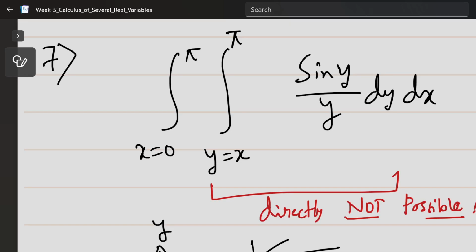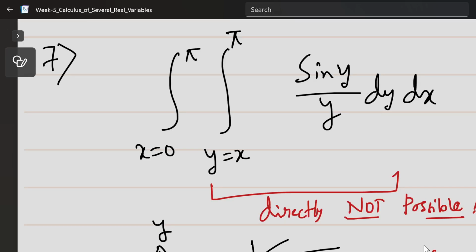So for a fixed y, x varies from where to where? For fixed y, x varies from point A to point B, right? So what is A point? A point is x equal to 0, that means y axis. And what is B point? B point is the line y equal to x, so that means y. And y varies from origin to suppose C.